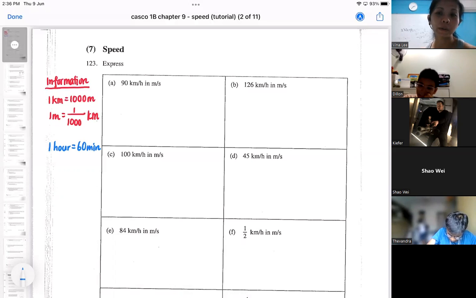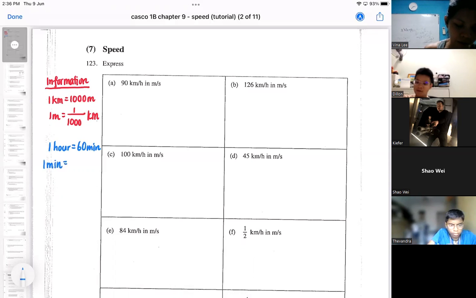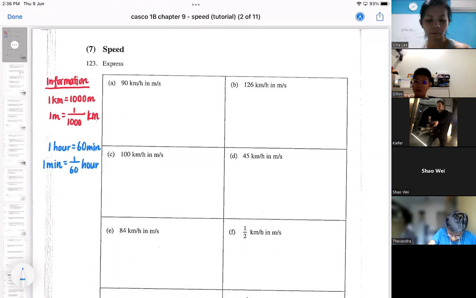That's what you learned in primary school, right? So you must learn how to reverse it. That means 1 minute will be 1 over 60 hour. Any conversion you need, you must learn how to reverse. That's the generic idea.